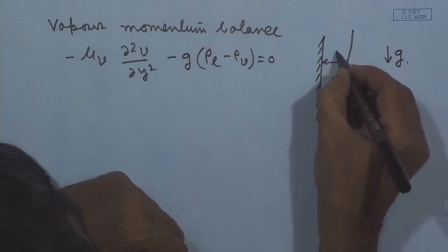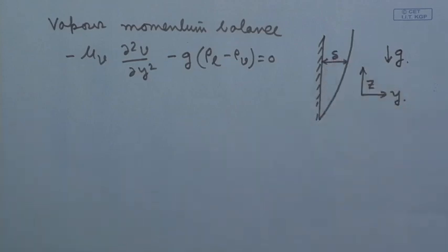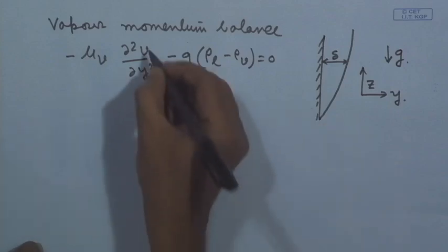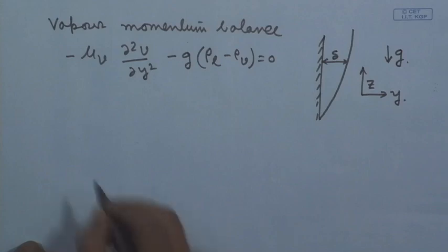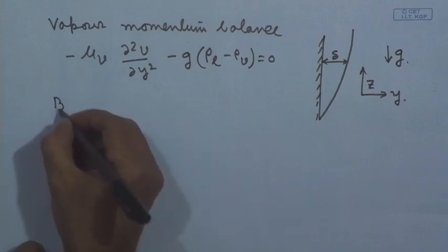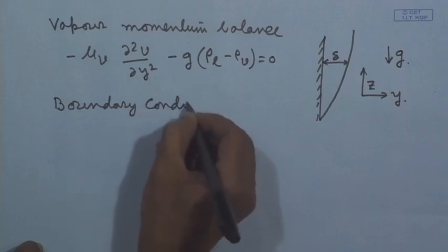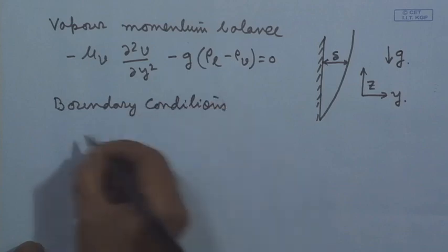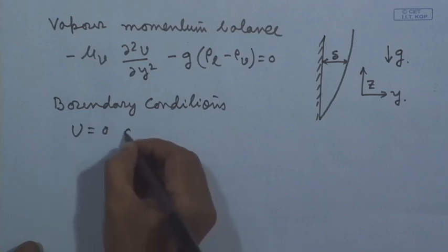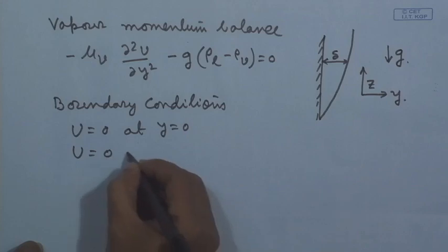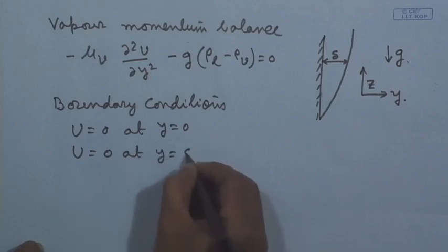So, the thickness of the vapor film is delta, and you can see delta is changing with the height, that is z. If we denote the velocity as u, the boundary conditions are: u is equal to 0 at y is equal to 0, and u is equal to 0 at y is equal to delta.